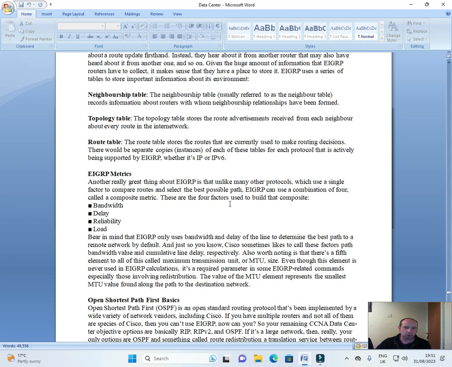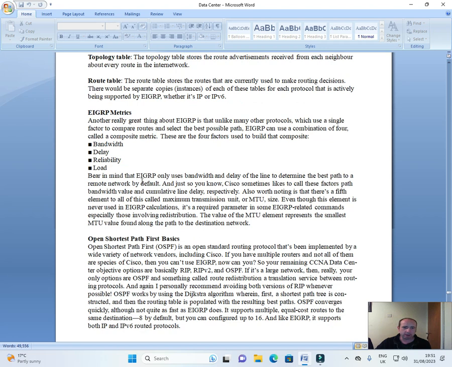These are the four factors used to build that composite: bandwidth, delay, reliability, and load. Bear in mind that EIGRP only uses bandwidth and delay on the line to determine the best path to a remote network by default.